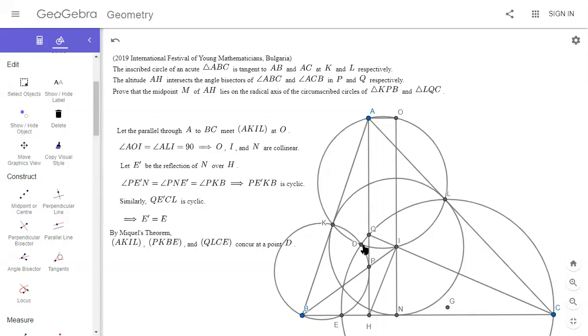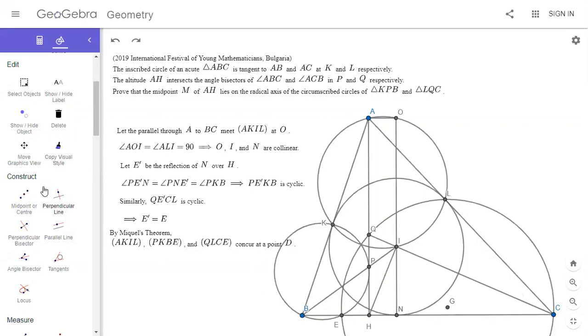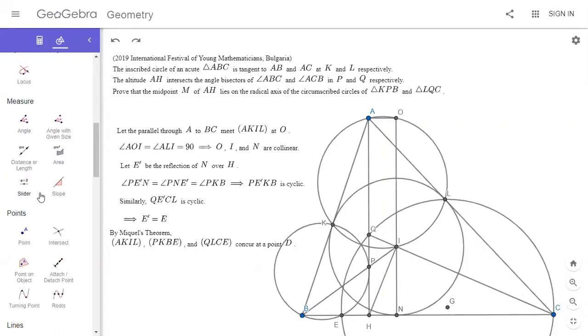I think this is a simple angle chase that angle ODL is equal to angle OAL is equal to angle LCB, and because D, L, C, E are cyclic, this implies O, D, E collinear.